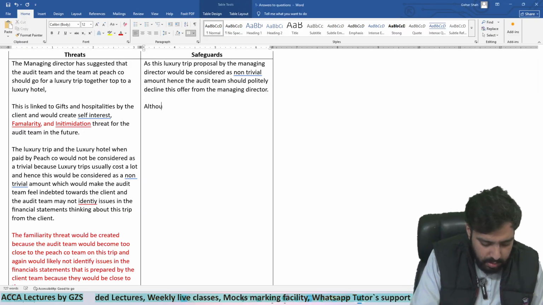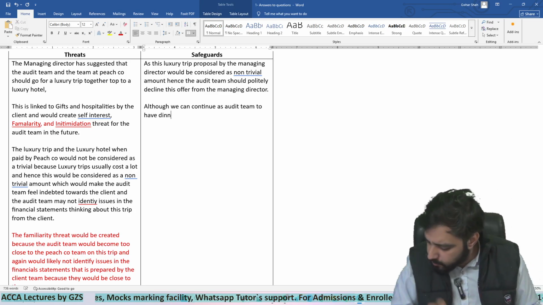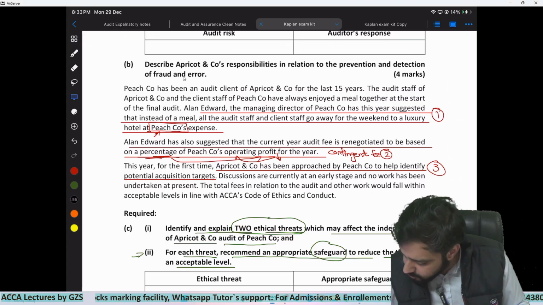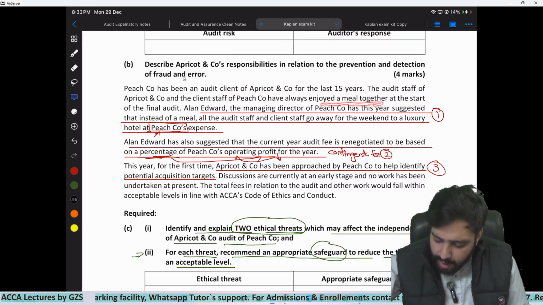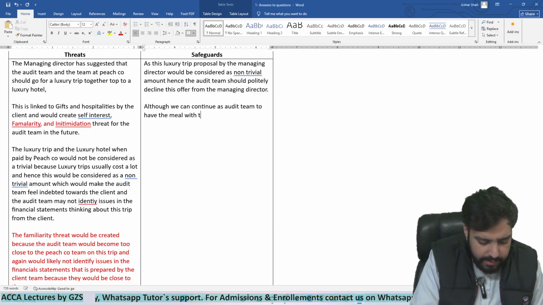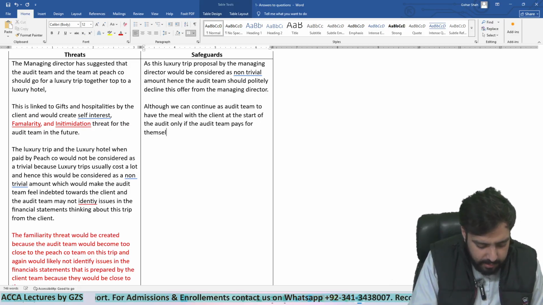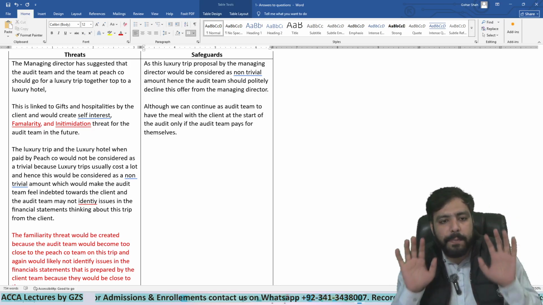Although we can continue as audit team to have lunch, to have dinner with, what was the specific word used in this case? The word was always enjoyed a meal together. Yes, we can have this meal together. The team can have the meal with the client at the start of the audit only if the audit team pays for themselves. That is my proper safeguard against it.